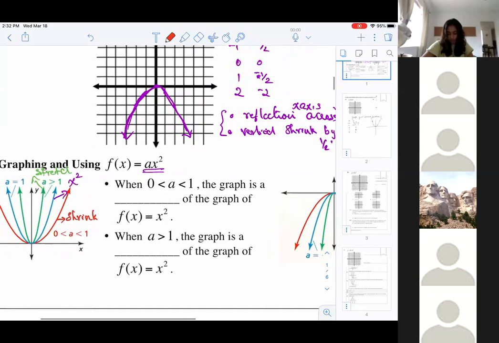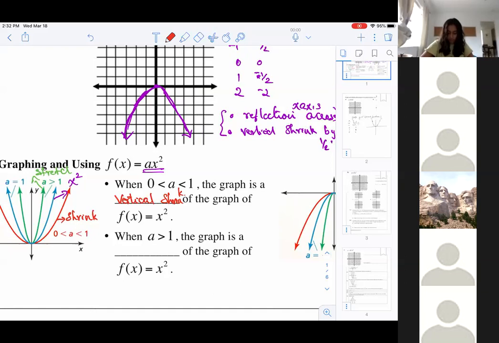Okay, now we need to fill out some things here. When your a, which is the number in front of the x squared, is less than 1, the graph is a vertical shrink.